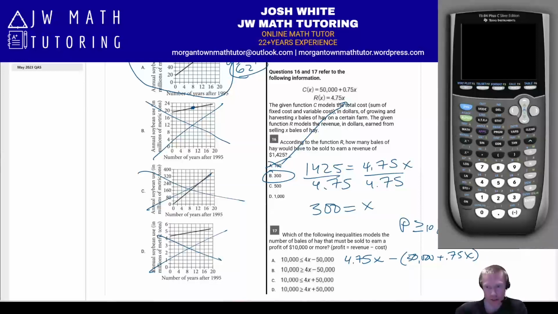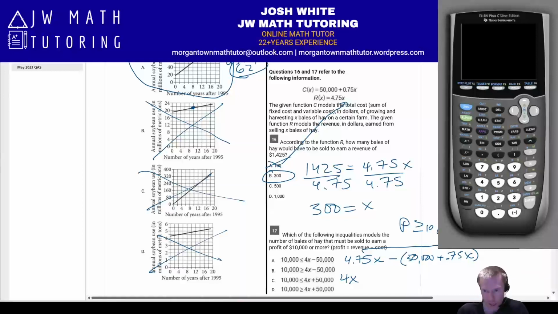So you're going to take this expression, simplify it, and then make it greater than or equal to 10,000. Notice 4.75x minus the 0.75x would be 4x. Technically, you're subtracting, not adding them together.